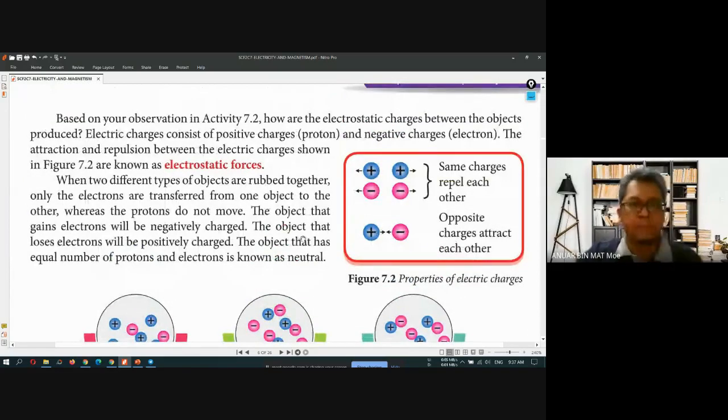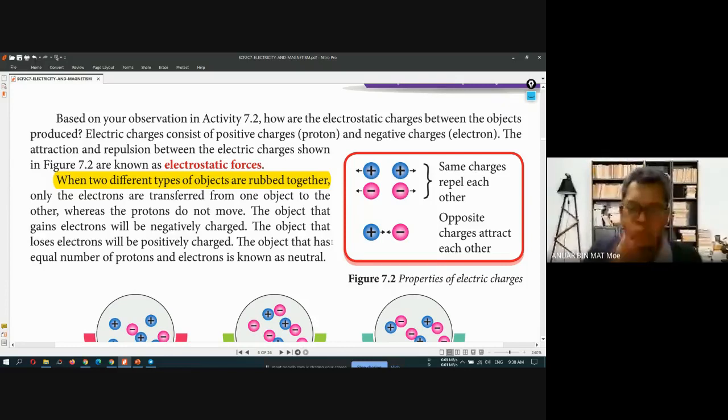Again, what makes the charges jump from one object to another object? Because there is what, the word I just said just now? Friction, right? If there is friction, or when two different types of object rub together very vigorously, there is friction.